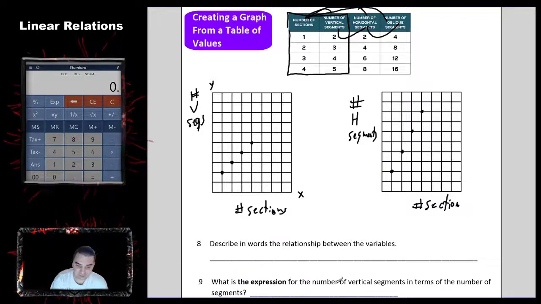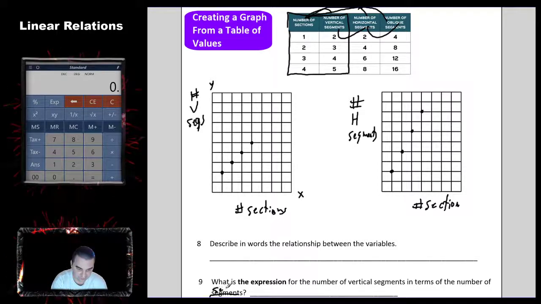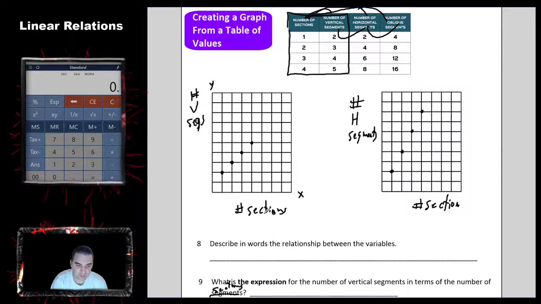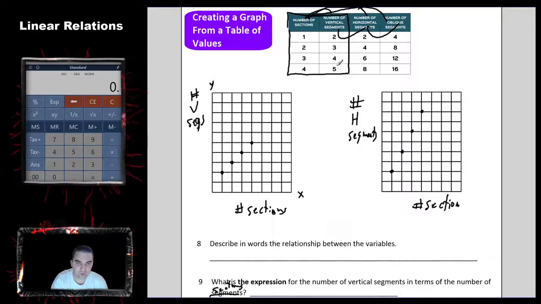What is the expression for the number of vertical segments in terms of the number of segments? I think that's supposed to say sections. So that's the first one here. The expression is, so the number of sections, and it starts with 2, right? And then for every section, it increases by 1.